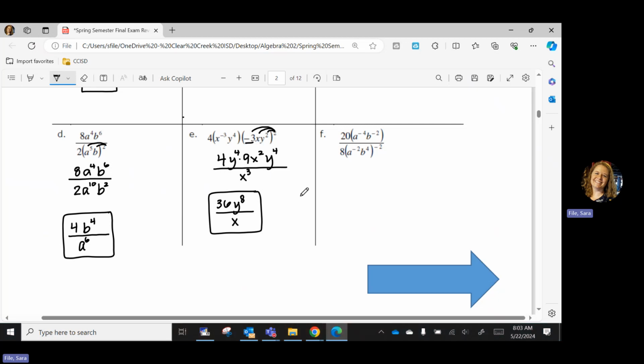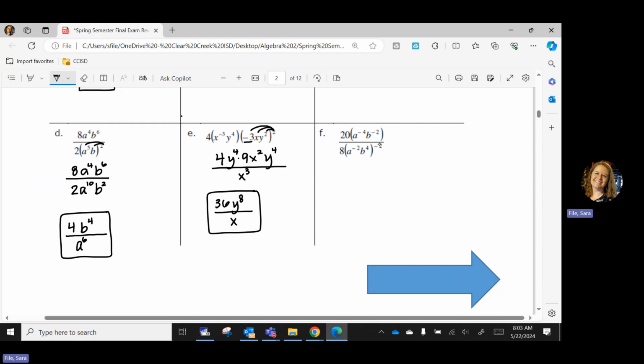All right, let's get rid of these parentheses here by distributing that -2 power. So my denominator is now -2 times -2 is positive 4. And then 4 times -2 is -8.